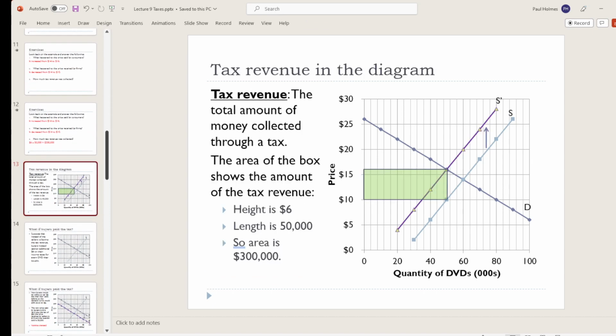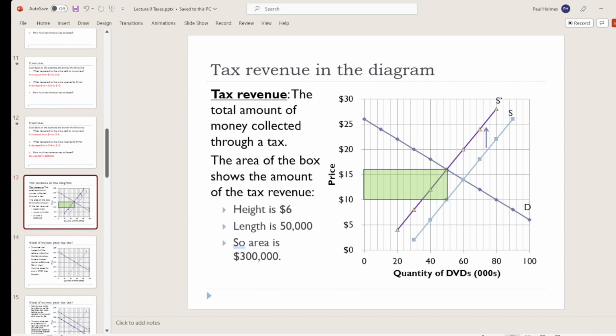Now we can go ahead and show this tax revenue on our diagram here. This is part of why we like shifting that supply curve up by the $6 amount. Now that difference between the supply and demand curves at the quantity of 50,000 outlines this rectangle here.